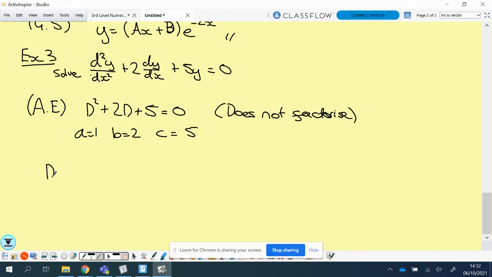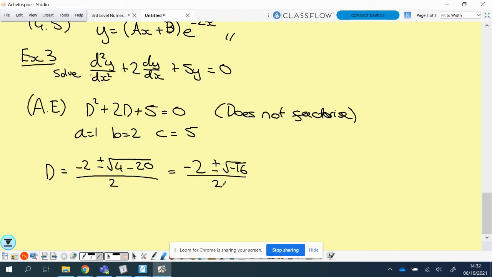So if I put that in, our value for d will equal negative 2 plus or minus the square root of b squared minus 4ac. So b squared is going to be 4 minus 4ac is going to be 4 times 1 times 5, which is 20. All divided by 2 lots of a, which will be 2. So it's going to equal negative 2 plus or minus the square root of negative 16.